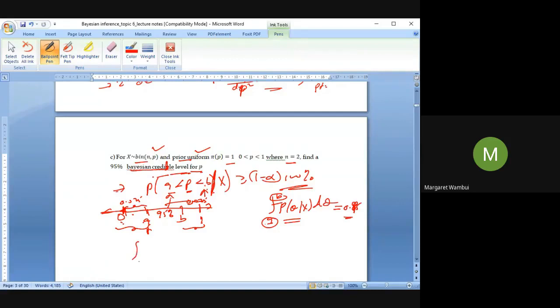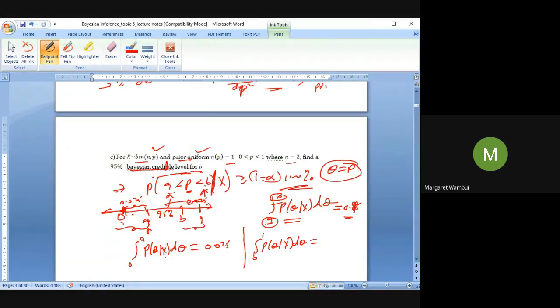That if I integrate my posterior distribution from 0 to A, my posterior distribution is probability theta given X, d theta, I can equate this to 0.025, and then I'll be able to solve for A. The other side, from B to 1, probability theta given X, d theta will be equal to 0.025. By the way, it's not theta, it is P, because our parameter is P, but take your theta to be P, because I wanted to be very clear here, so that I don't confuse it with the notation for probability.